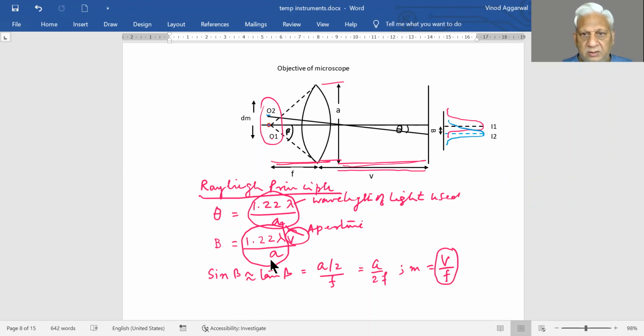This is same as ratio of this distance divided by this distance. Ratio of this distance to this is same as this distance divided by this distance. That is why it is magnification.